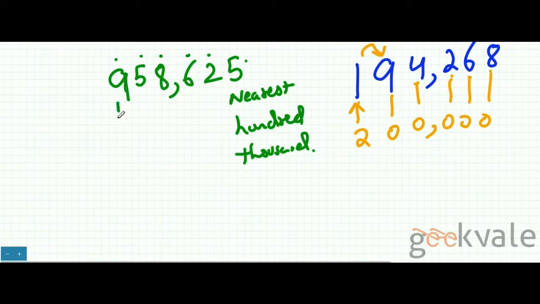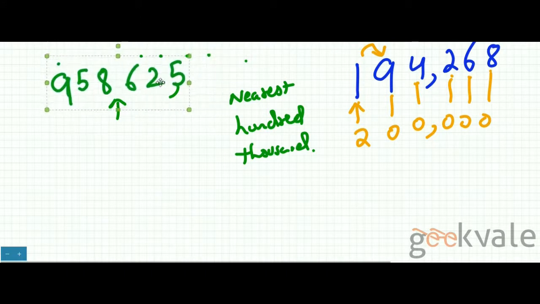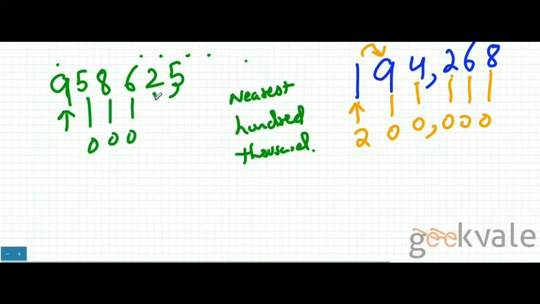We'll locate the 100,000 position. Let me move it a little to the right side. There we go. Everything after it will become 0. That comma was supposed to be there actually. We make groups of 3.